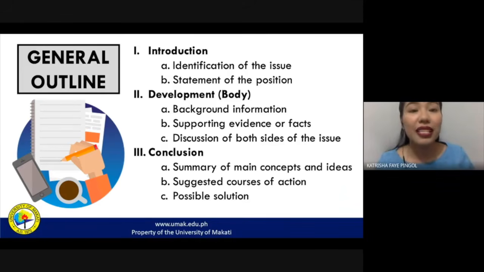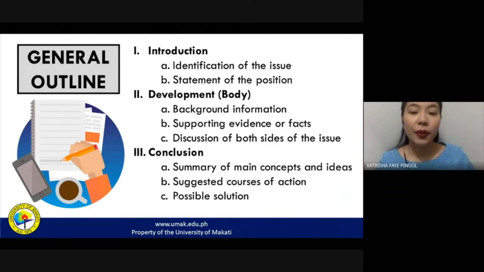And you can do this by giving out supporting evidence or facts that are related to your position. And then, of course, it is also important that you discuss both sides of the issue. Like what we have mentioned earlier, it is best that we anticipate what other people might say or might point out regarding our own beliefs, our own position about that particular issue.